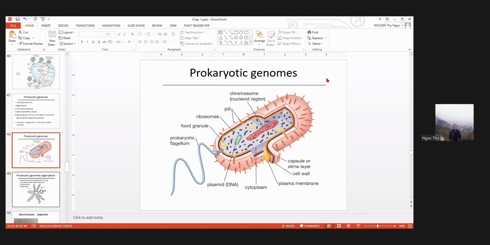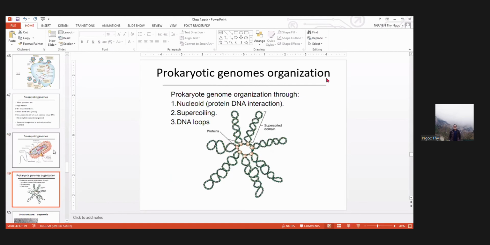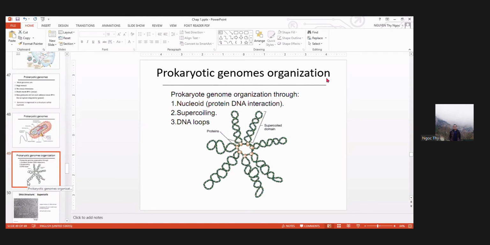We'll talk about it in chapter 3. And the DNA molecule in the prokaryotic cell is attached to several nucleus proteins to protect the DNA molecule from any damage.